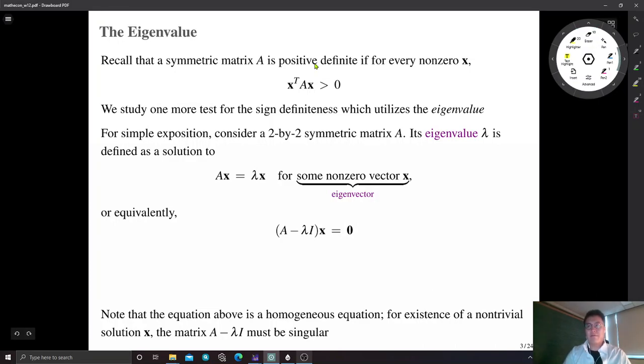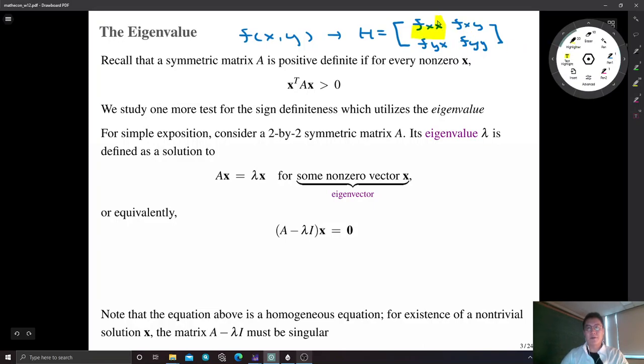Remember, if we work with a function f of x and y, its associated Hessian matrix takes this form, consisting of the four second partial derivatives. To determine the sign definiteness of this Hessian matrix, we used principal minors.